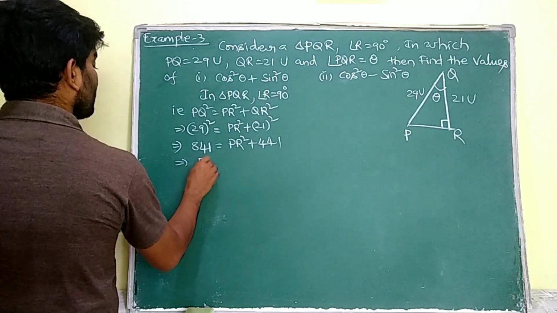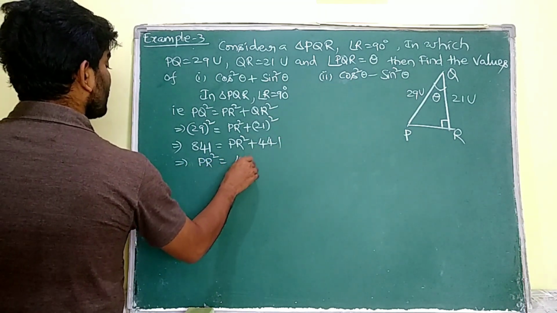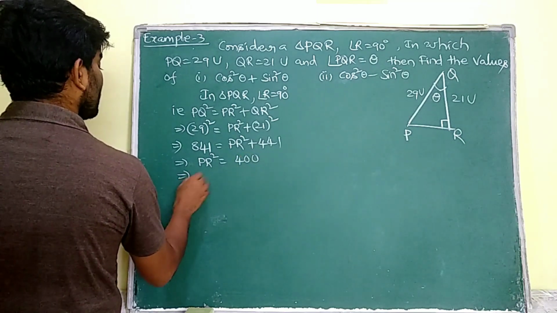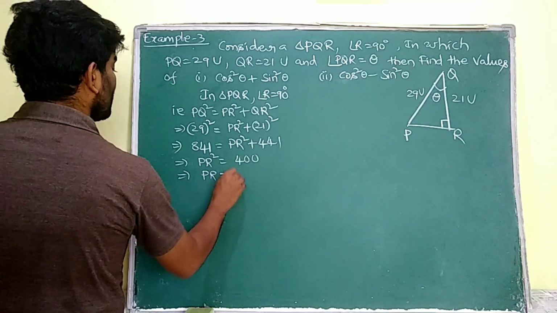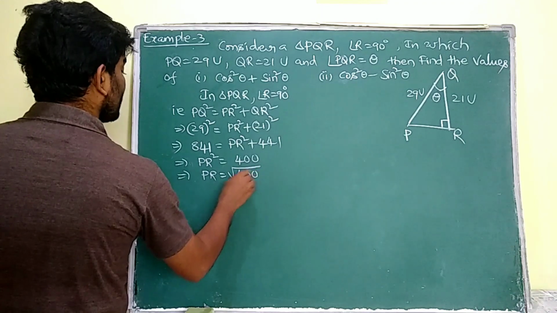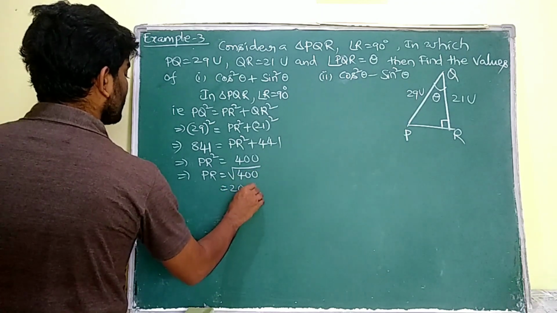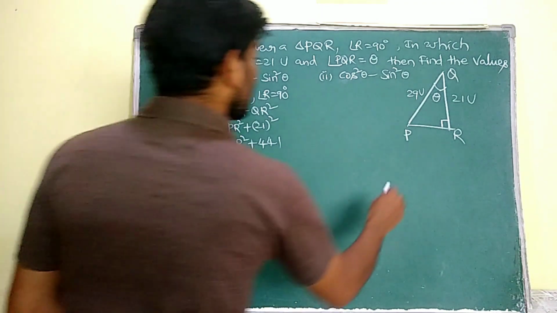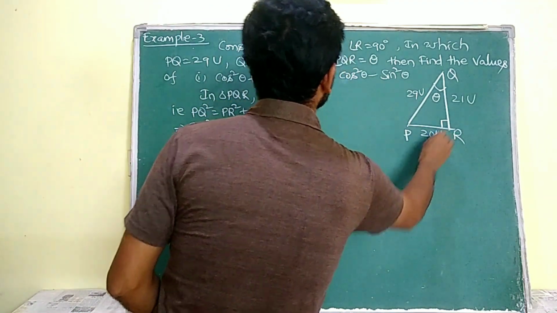That implies PR square is equal to 400. That implies PR is equal to root over 400, that is equal to 20 units. So this PR is obtained as 20 units.